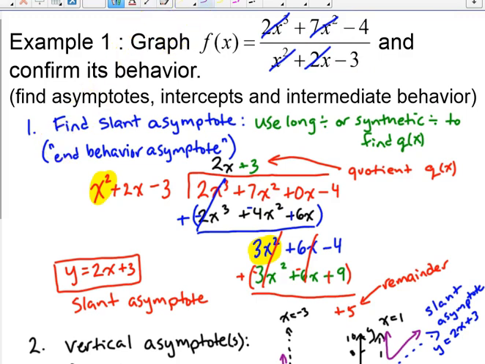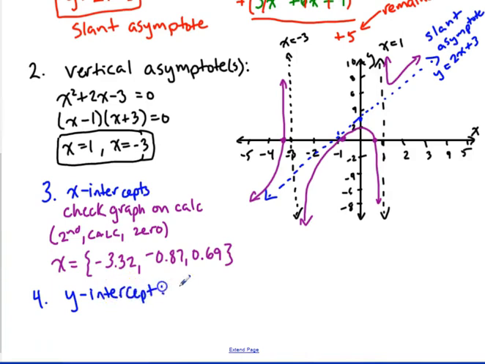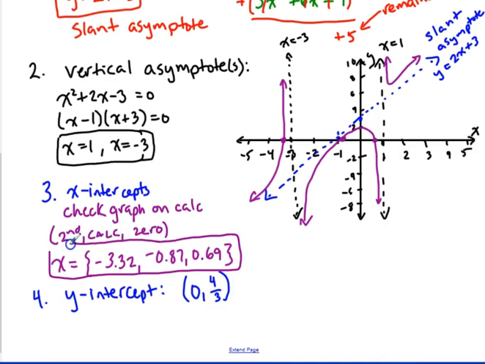So hopefully that part makes sense to you. Okay, so let's box some stuff in. We've got x-intercepts. Try to box in our final parts here. And y-intercept that we found by subbing in 0 for x. And finally, our intermediate behavior. I can put that over here.